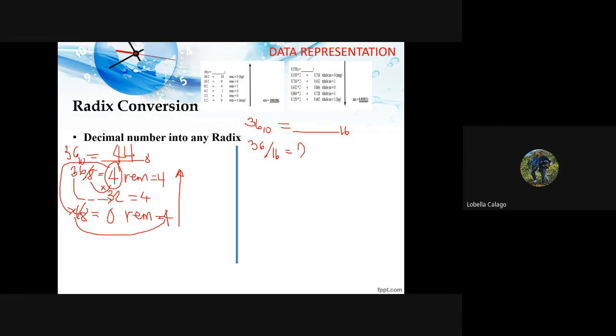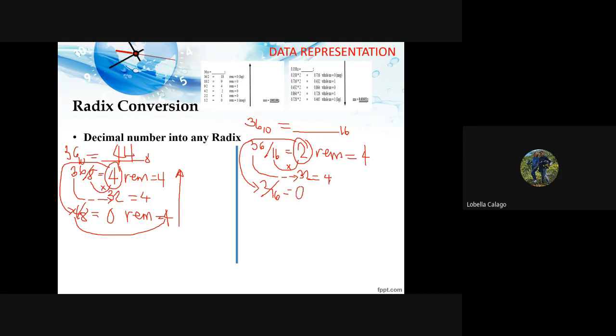So, kukunin si whole number. Your remainder now will be 16 times 2 is 32. And then subtract it from the numerator. Then we have 4. So your remainder is 4. Ngayon, continue for this one. So we have here 2 divided by 16. Now it reached to the numerator less than the denominator.